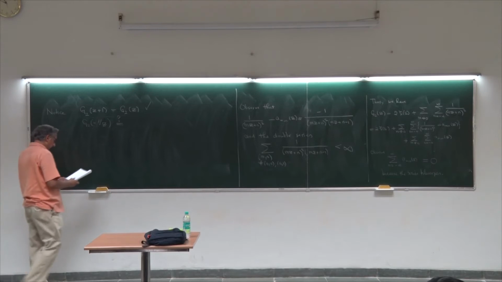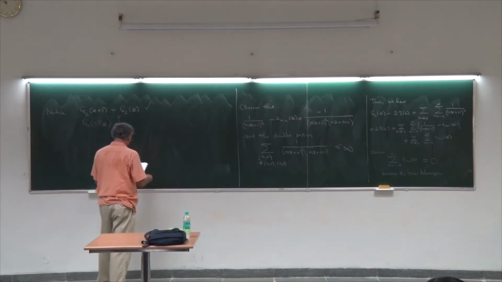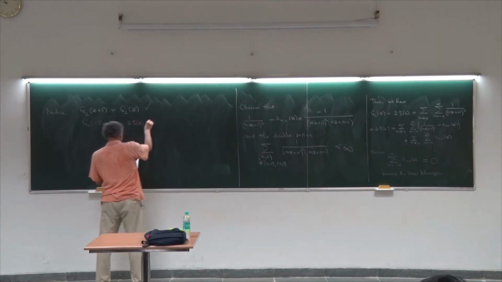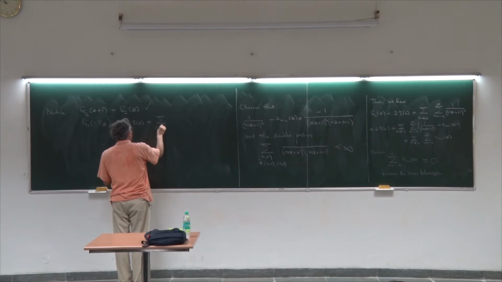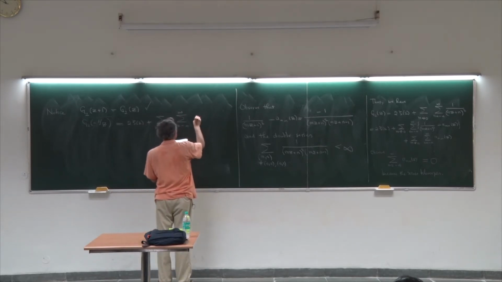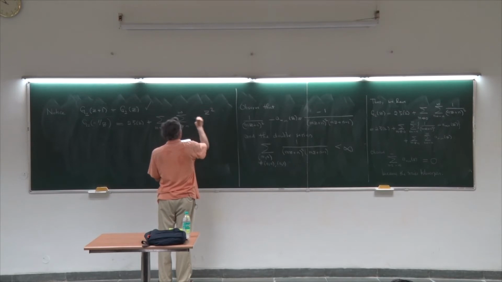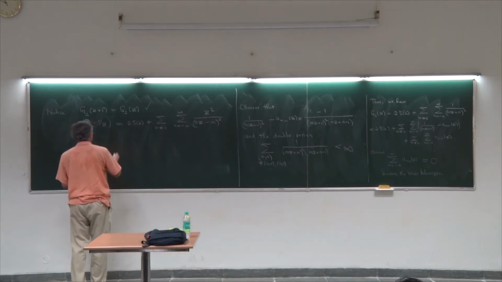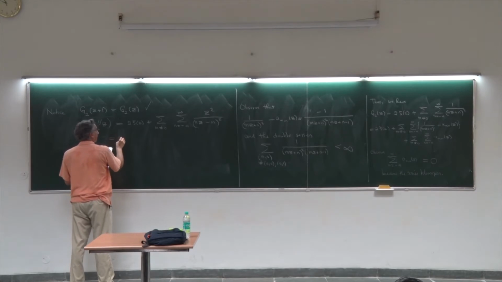And so what is that? Well, let's put in the thing. So if I put that in, it turns out to be z squared over (nz minus m) squared, which equals 2 zeta 2.